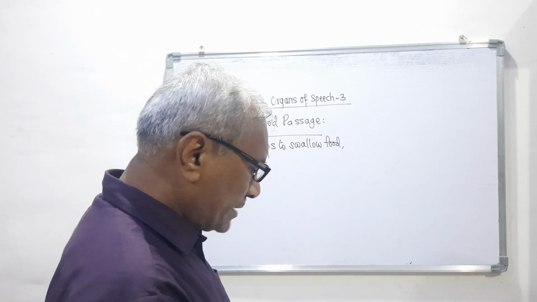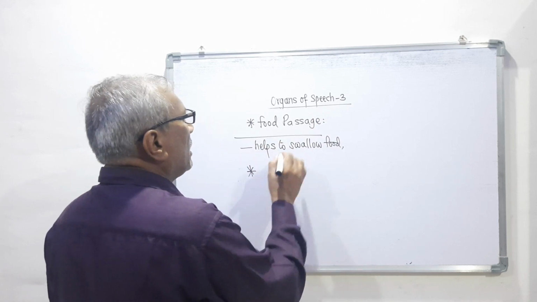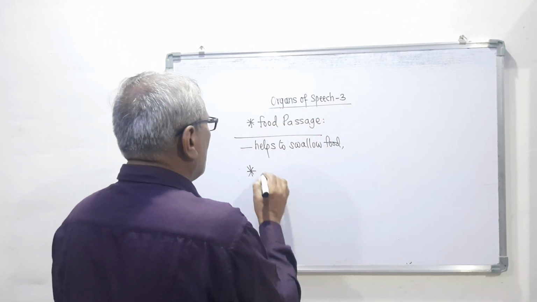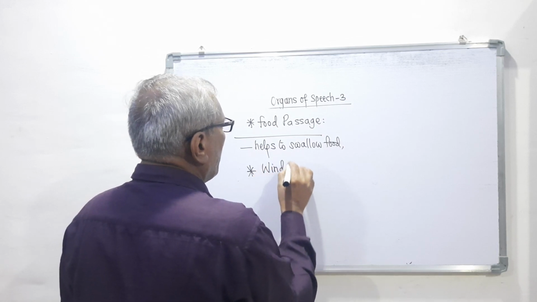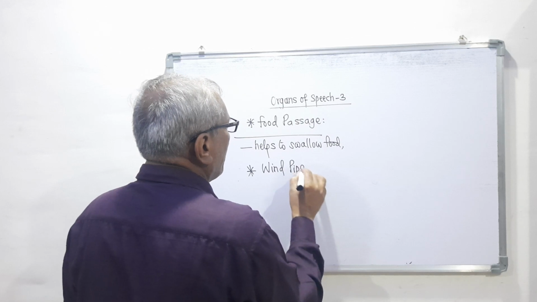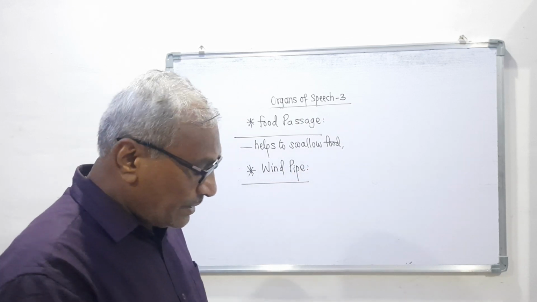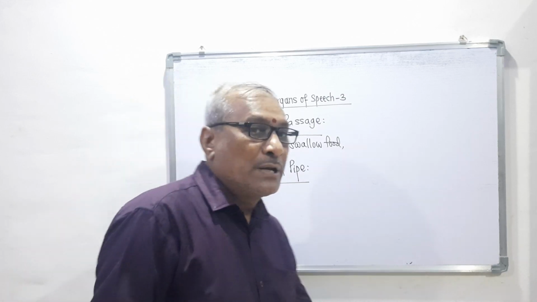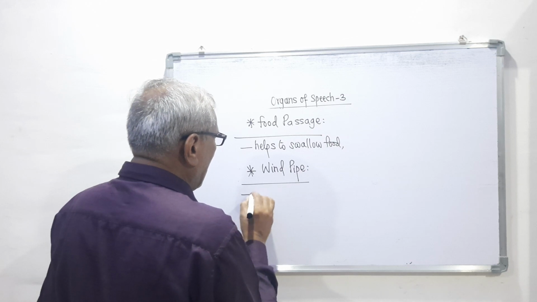That is the explanation. And the last organ of speech is the windpipe. So what is the function of this windpipe? This windpipe helps to breathe.